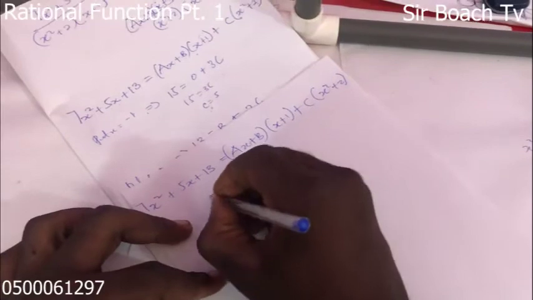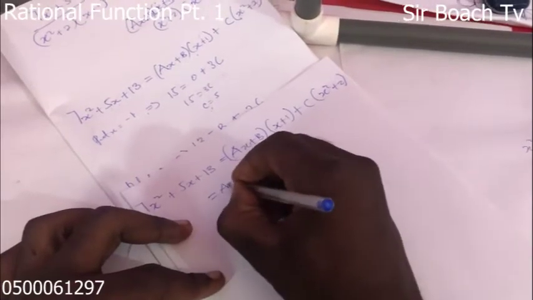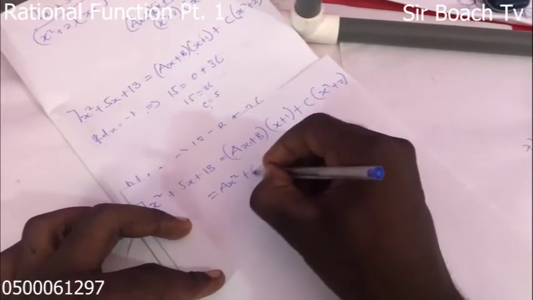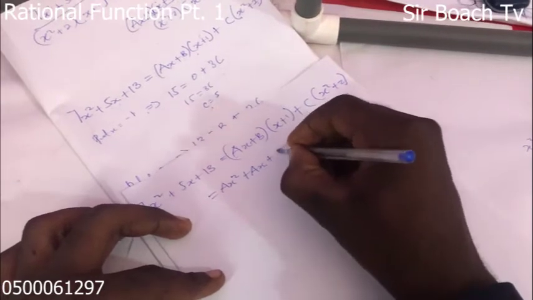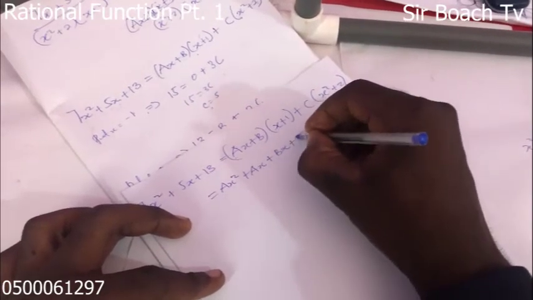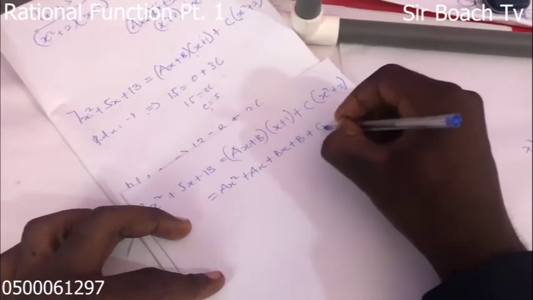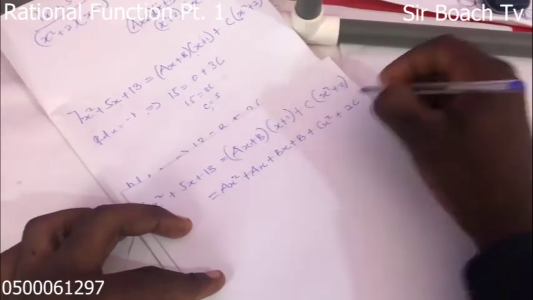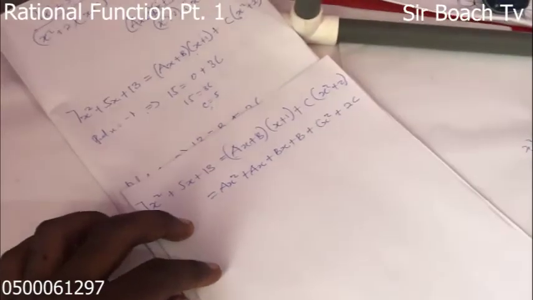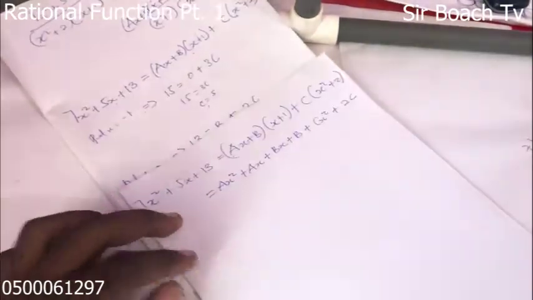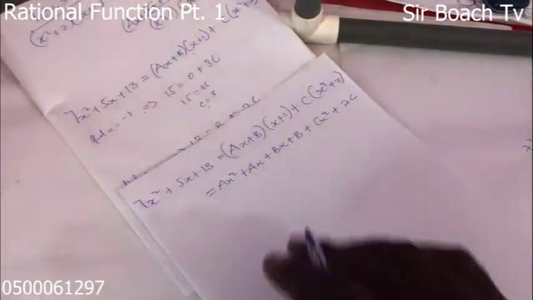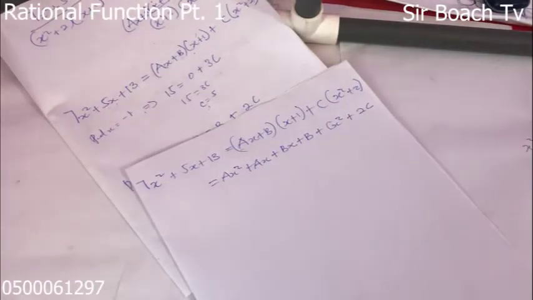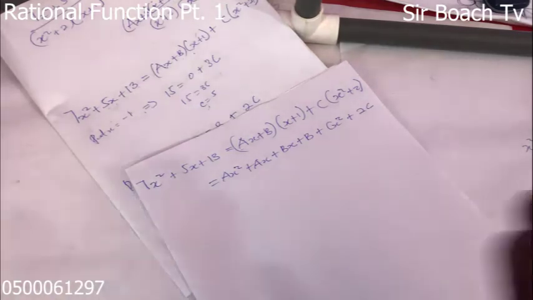We are going to get ax squared plus ax plus bx plus b plus cx squared plus 2c. Okay, this is what we will get when we expand the whole of this. Now we will group them. The ones with the power 2 will come together, then the x's go together like that.